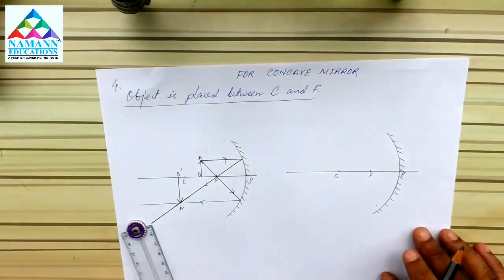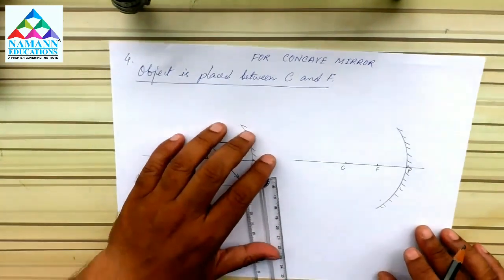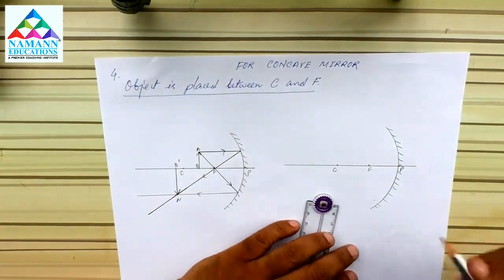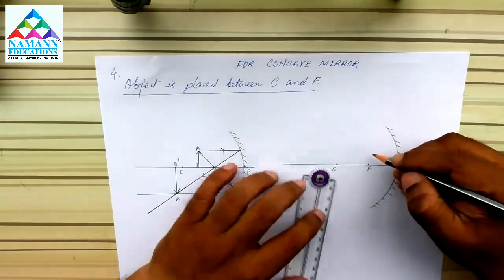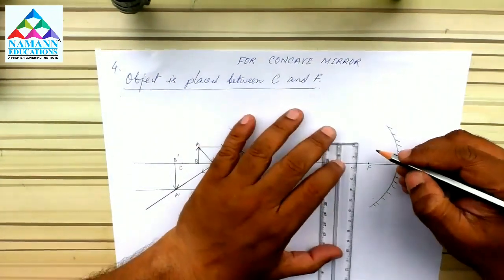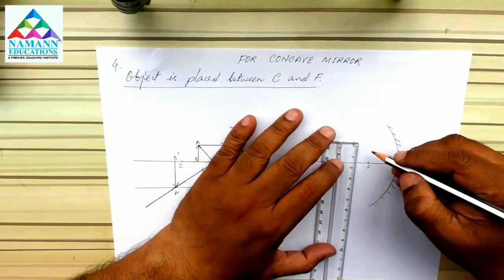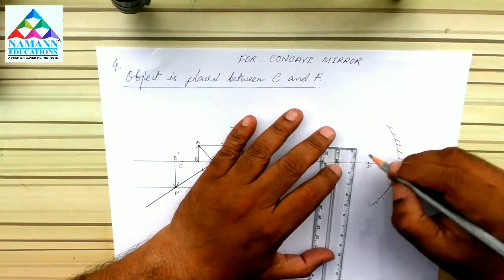Now I'm drawing another way. The same diagram can be drawn in another way, where object is placed between C and F. This time I'm considering around 1 centimeter.